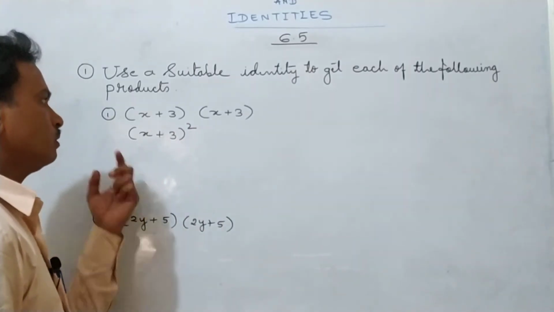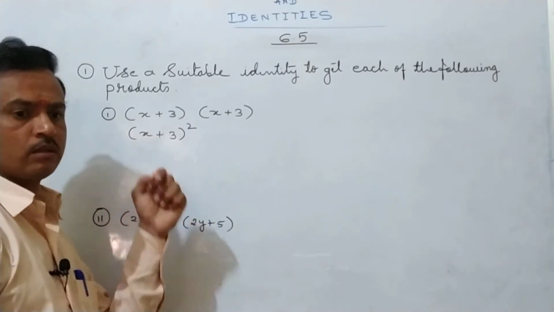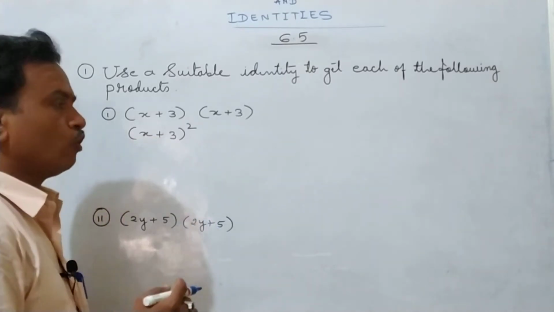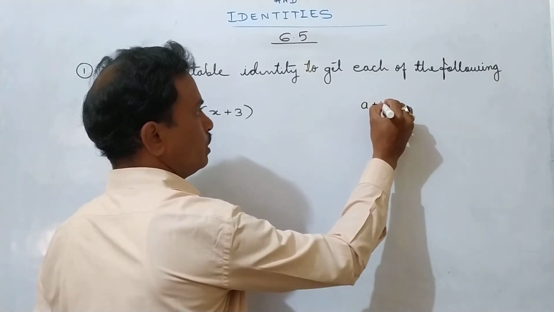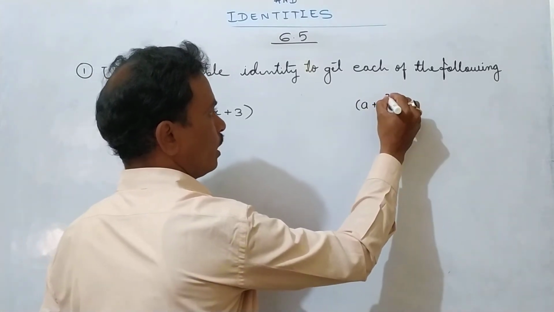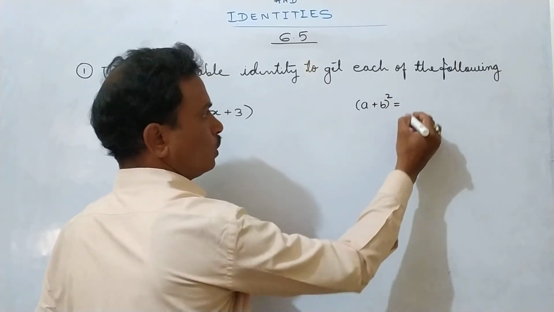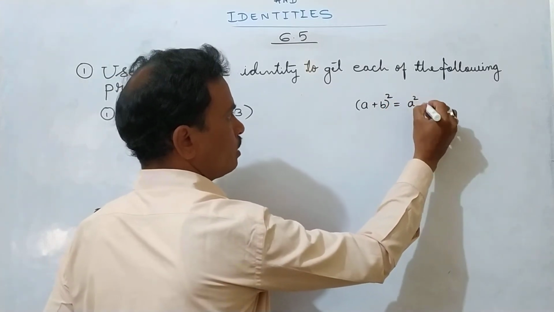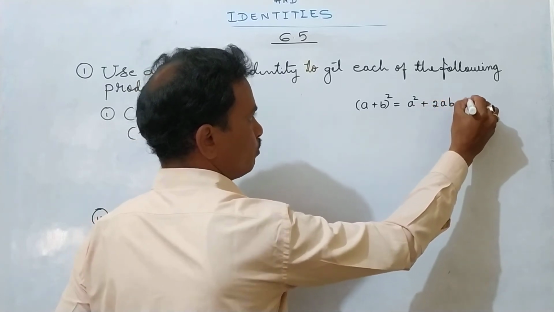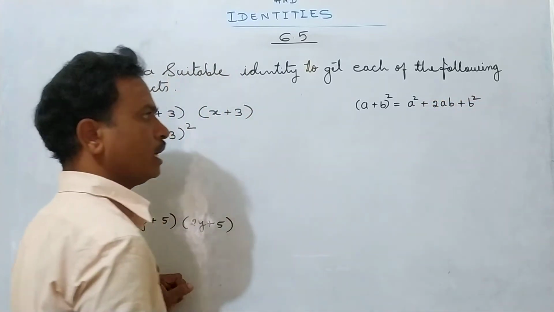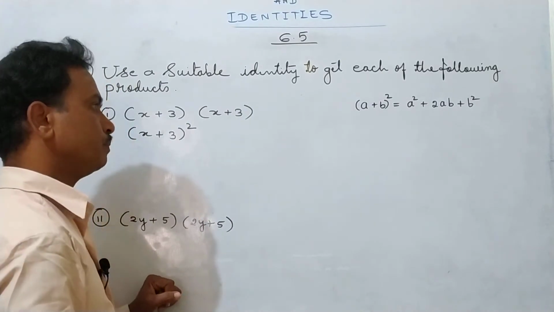Now we know one identity, a plus b the whole square formula. Here a plus b the whole square is equal to a square plus 2ab plus b square. So this identity we can use here.